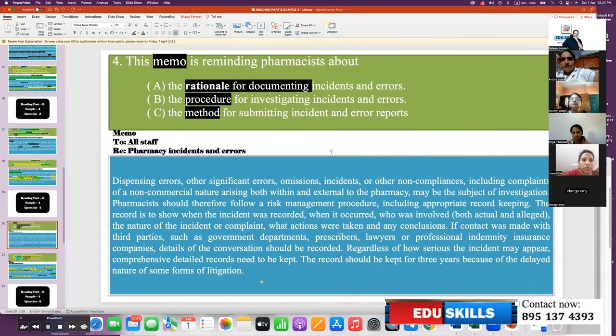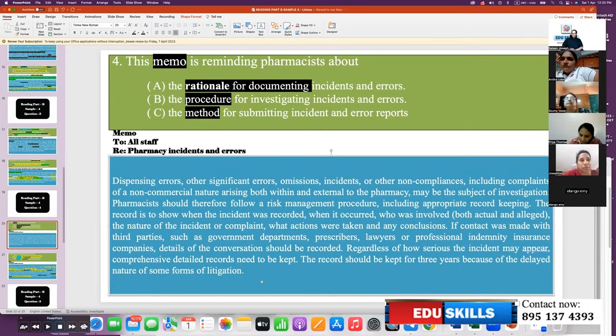If contact was made with third parties, such as government departments, prescribers, lawyers, or professional indemnity insurance companies, details of the conversation should be recorded. Regardless of how serious the incident may appear, comprehensive detailed records need to be kept. The record should be kept for 3 years because of the delayed nature of some forms of litigation.